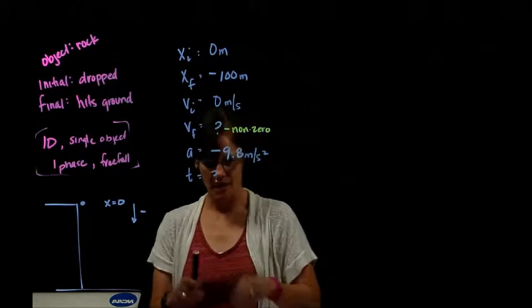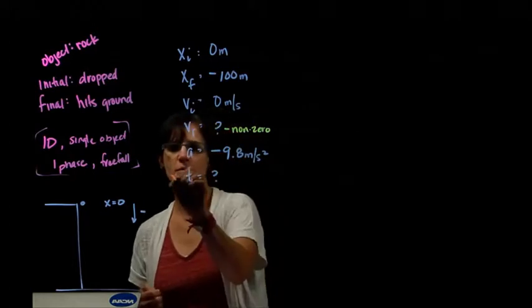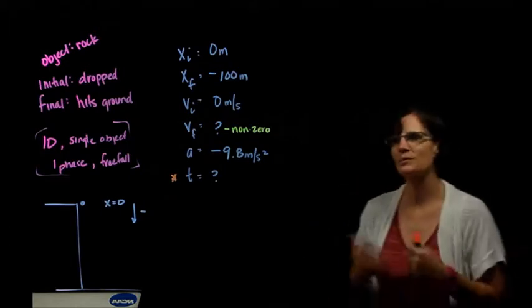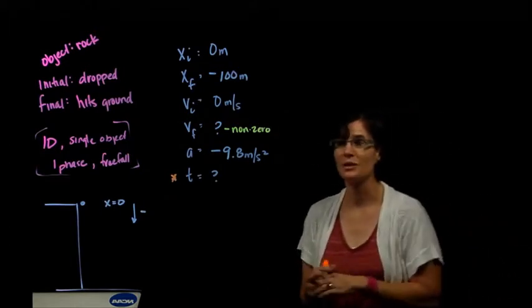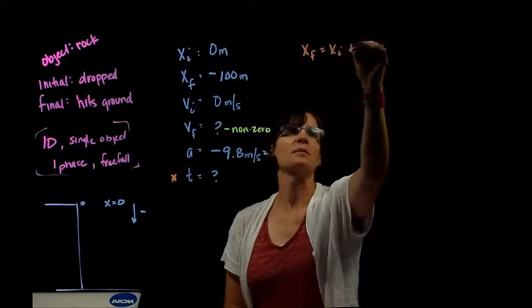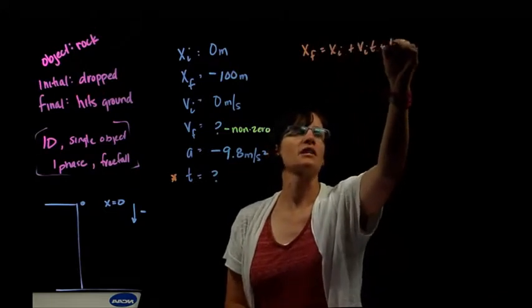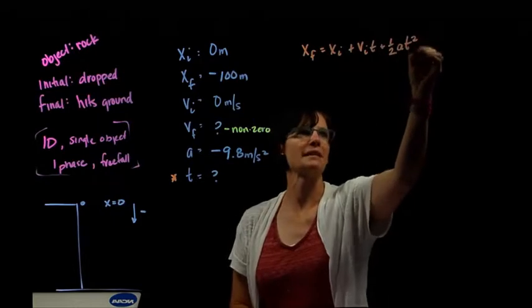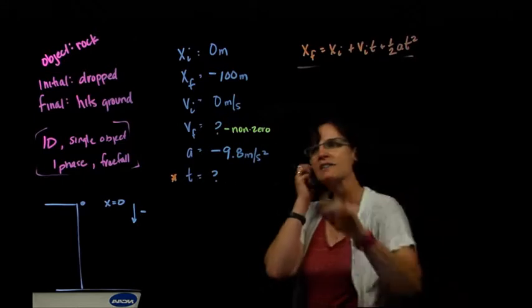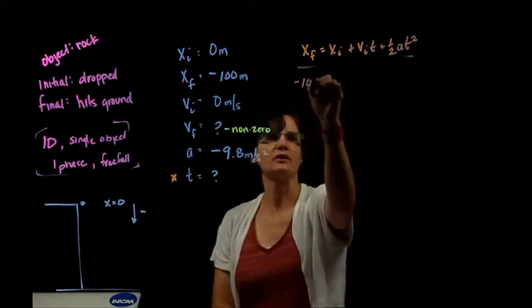It's asking us how much time it takes for the rock to fall. Well, that is a time of interest. So we want to know what the time is. Time is in two relationships. So we think about which is going to be the better of the two. Well, I know more with my final position relationship. So just writing that relationship down helps us remember it and not make mistakes. X final is negative 100.